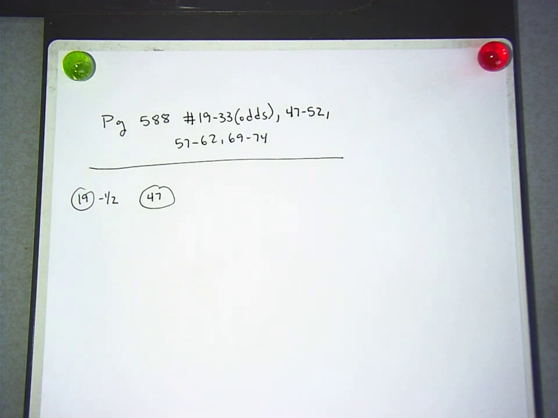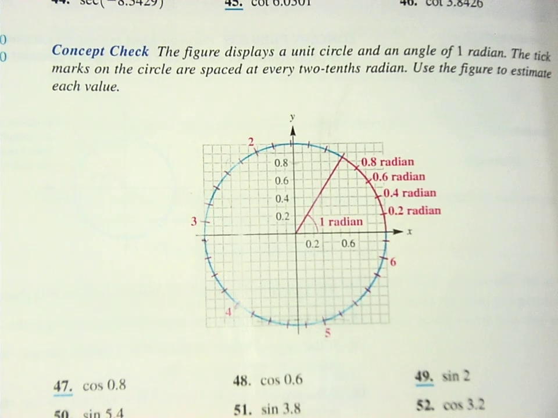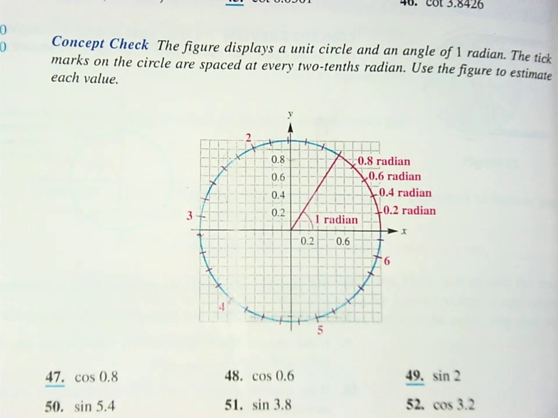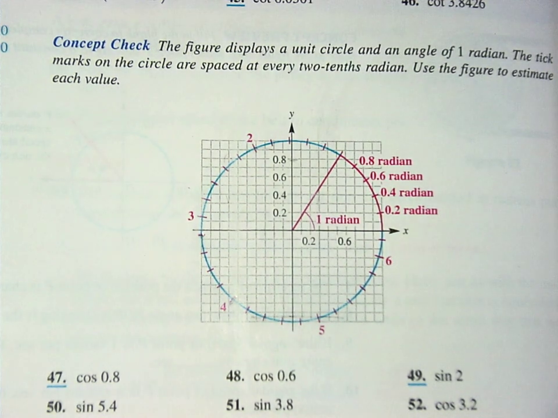This one is confusing about what they're asking. For 47, it's asking the cosine of 0.8. 0.8 what? 0.8 radians. Okay. They made a unit circle. Yours looks just like mine, right?